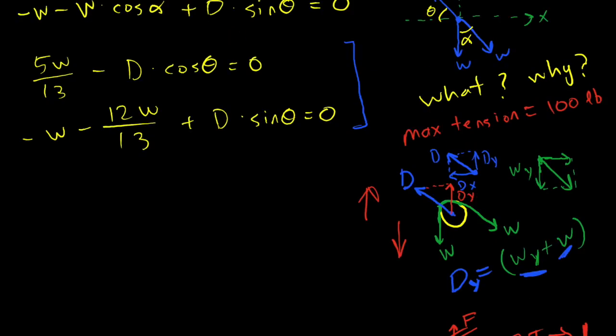So what we just did is look at the problem and see what it's talking about, understand it, and now we are in a position to solve it. We realized that the cord accompanying D will fail before the cord accompanying W. There are two cords, and D would fail before W. Very important.